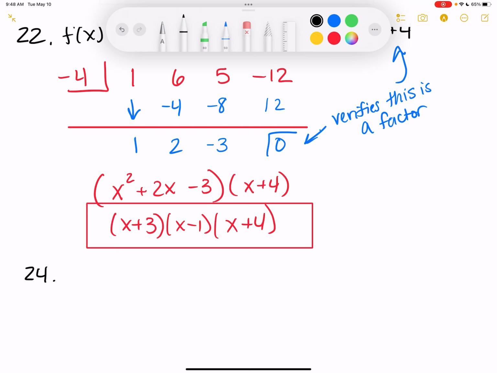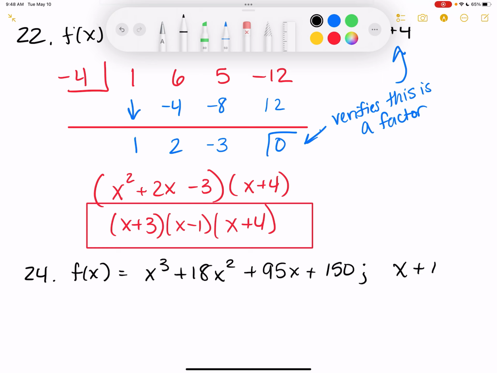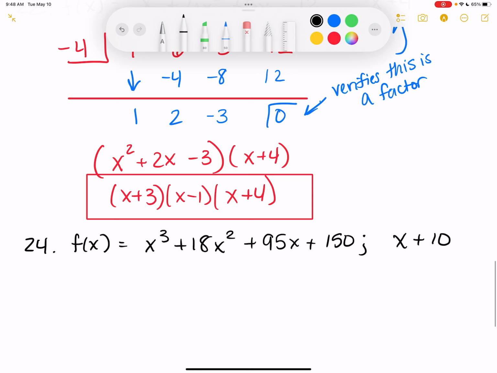24. F of x equals x cubed plus 18x squared plus 95x plus 150. X plus 10 is the factor. It always sounds so bad, but they're really not that bad. They sound like they're going to be a little crazy.